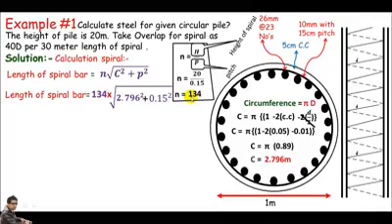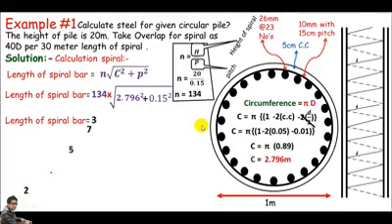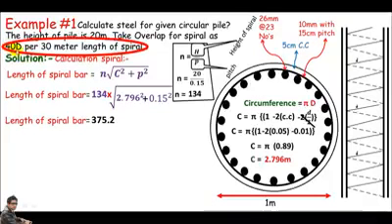We did this a few minutes ago. So you must get the length of the spiral bar equals 375.2 meter.